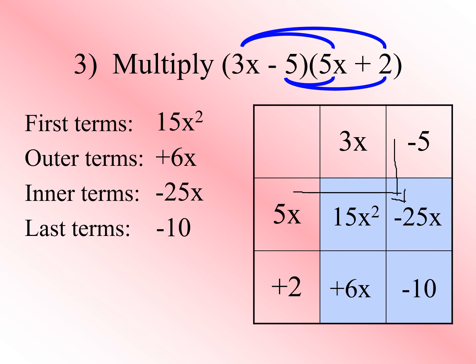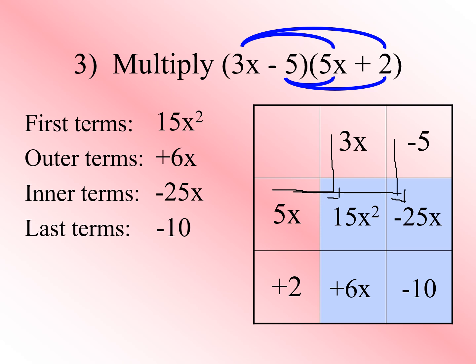Alright, so take note of where we put our answers. It's just like we look at the side, then we look on top, then we put our answers below. So we meet these two, no? Those terms at the side, and then these terms on top. If we multiply these two, this is where we put our answer.